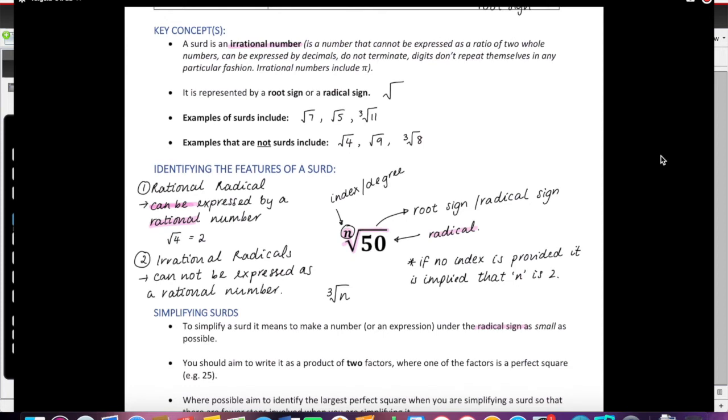For example, this could be the square root of 3, which is an irrational radical. Make sure you make note of this as well, because it will be really important in the future, especially when you're looking at key terminology for this particular unit.